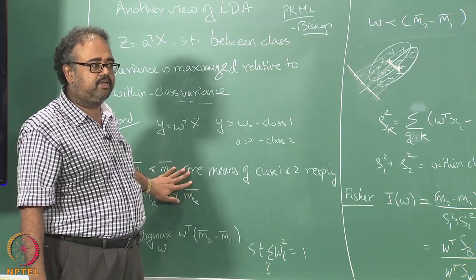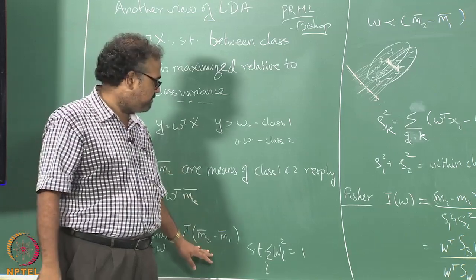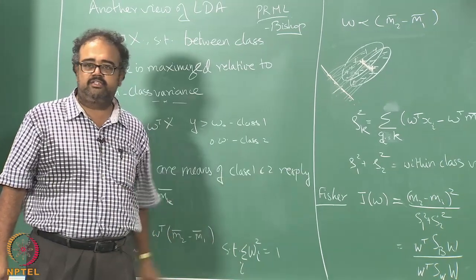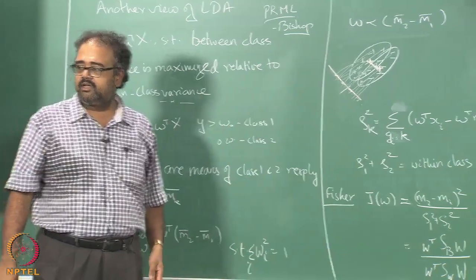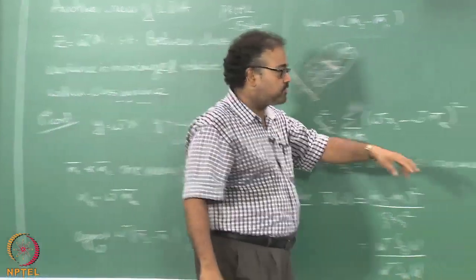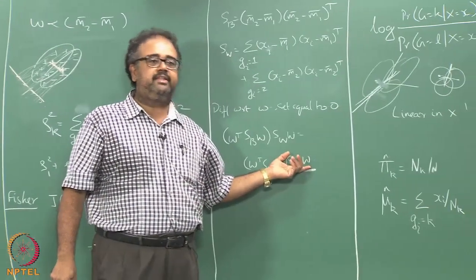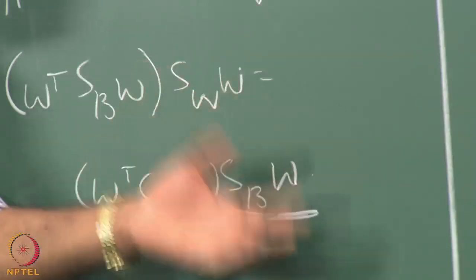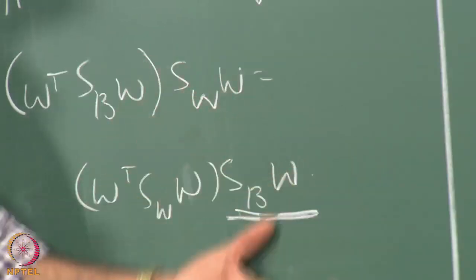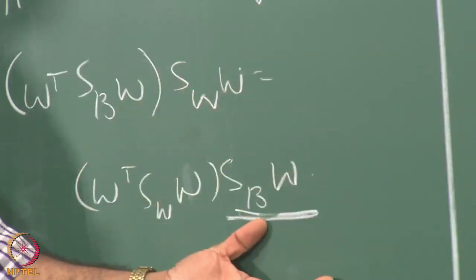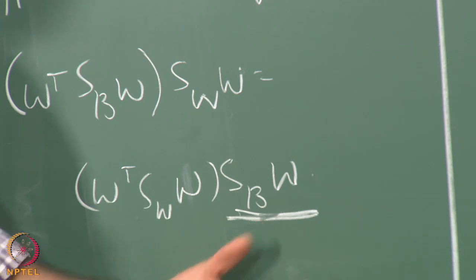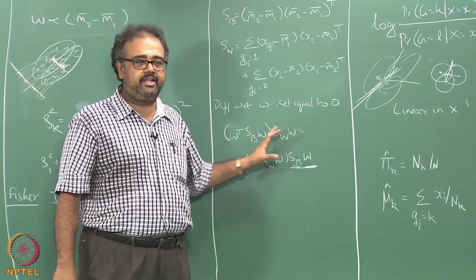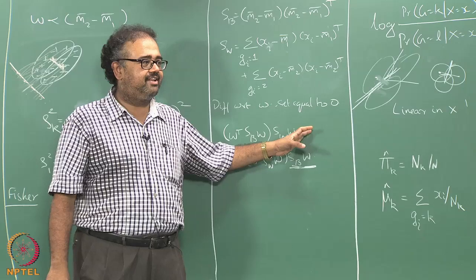When we had the constraint only on the between class variance, we ended up finding out that the solution is going to be in the direction of M2 minus M1, and with a little bit of work you can show that SBW will always be in the direction of M2 minus M1, right. So I can actually drop that and replace it with a vector proportional to m2 minus m1. So now it makes our life a lot easier, right. I only have one w left.